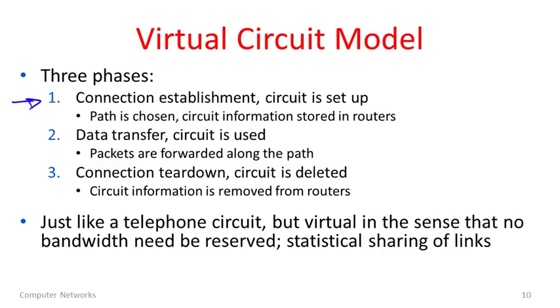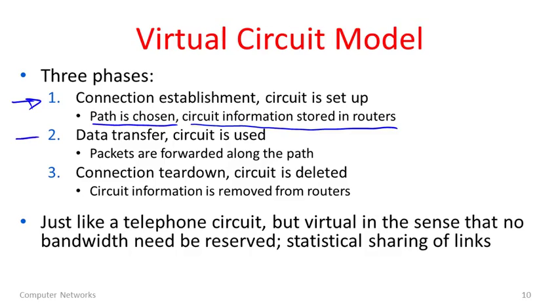You've got to set up some connection or circuit from the person who wants to send to the person who wants to receive the information. Setting up the connection really means finding a path through the network, choosing that path, and setting information about the circuit that we're about to use in all of the routers along that path, so they'll know what to do when they see packets from this virtual circuit.